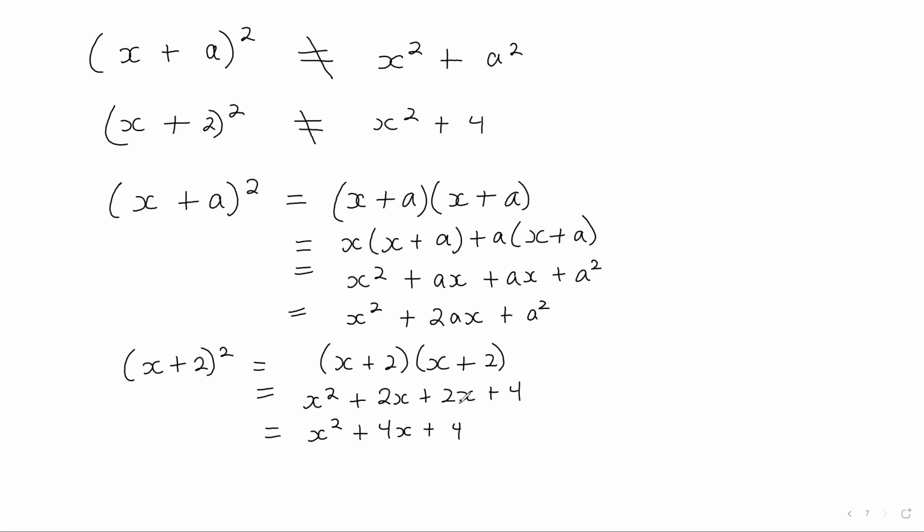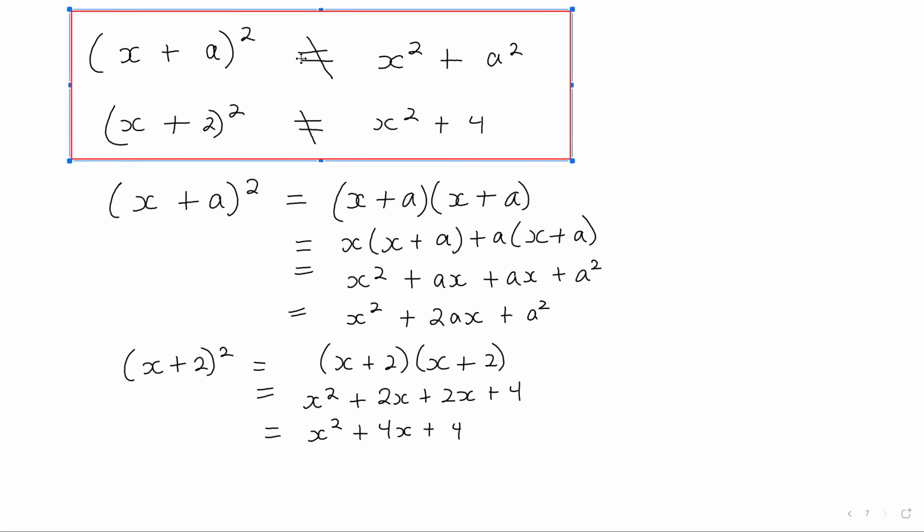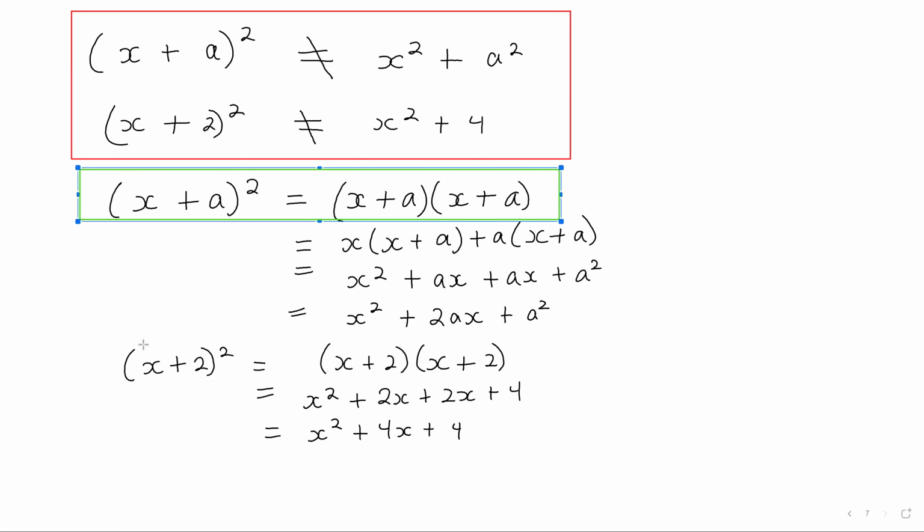All right, guys. So please make a note of this. This is very important. I have seen students time and time again make a mistake with this part here. Pay attention to it. So x plus a all to be squared is not equivalent to x squared plus a squared. This is actually equal to x plus a times x plus a.